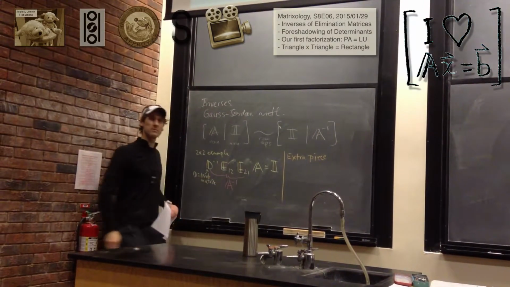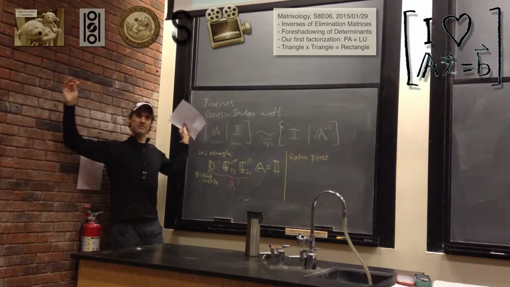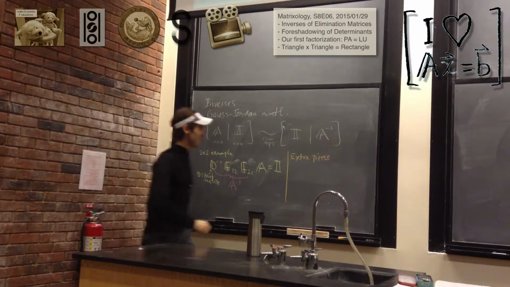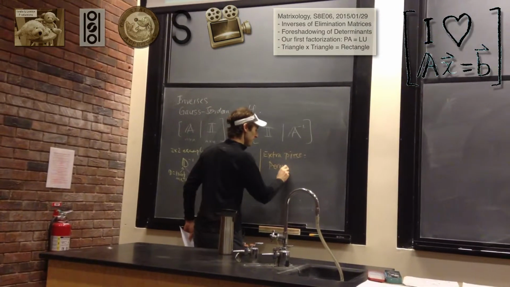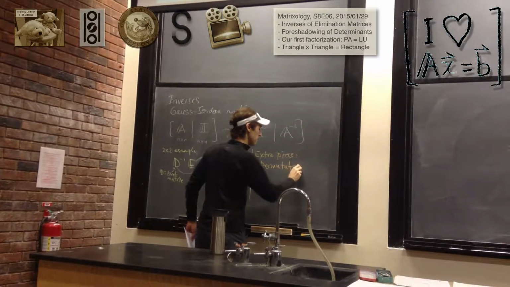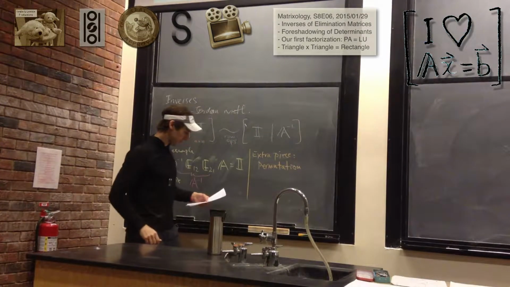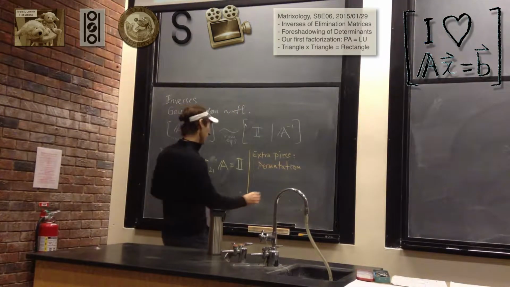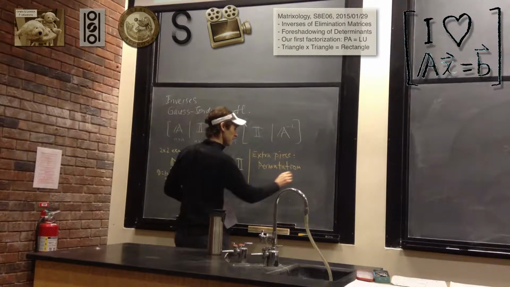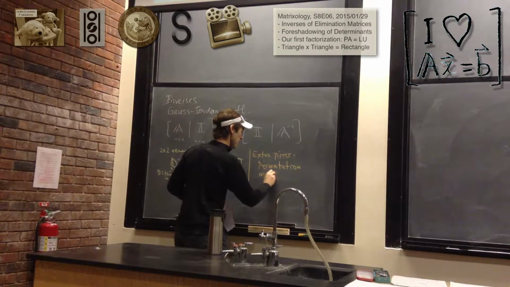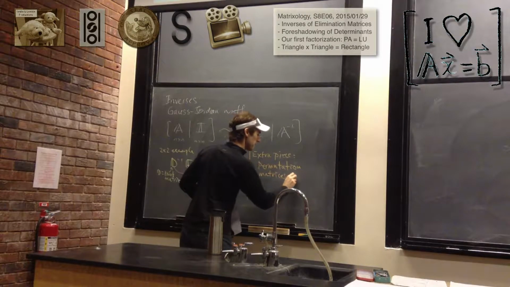Thank you. I'm flustered. Extra piece is permutation. Thank you. Permutation, which could happen at any point. So we may have some kind of permutation matrices, right? So permutation matrices may be involved.